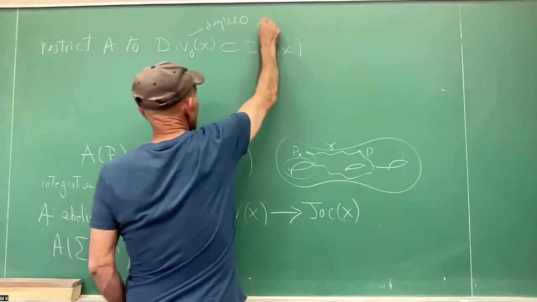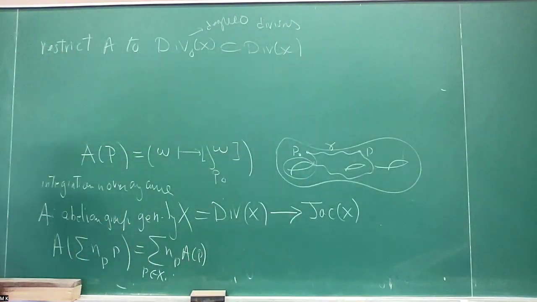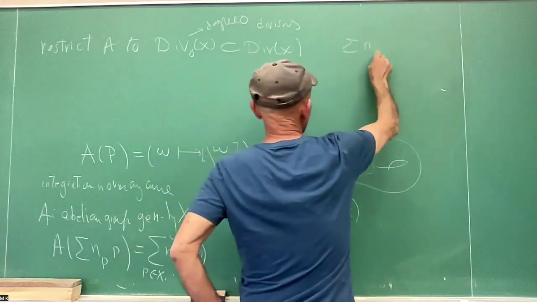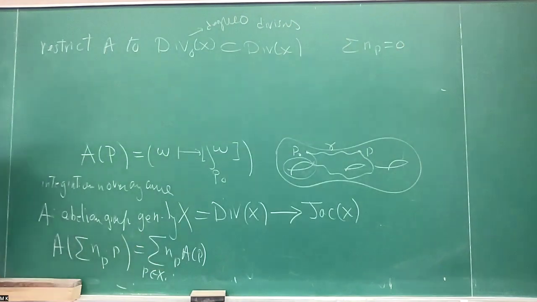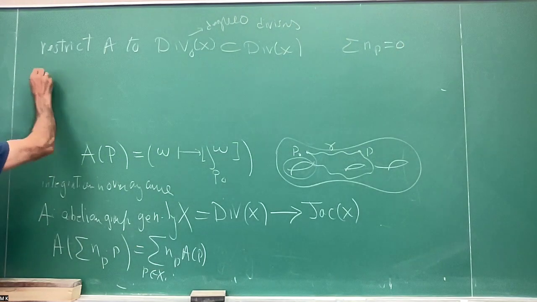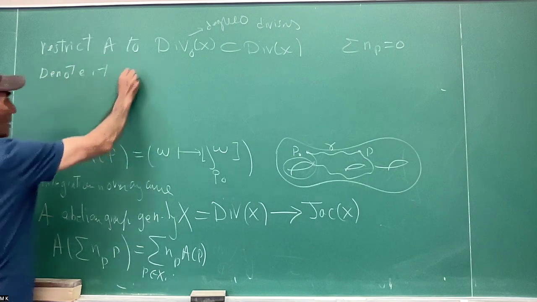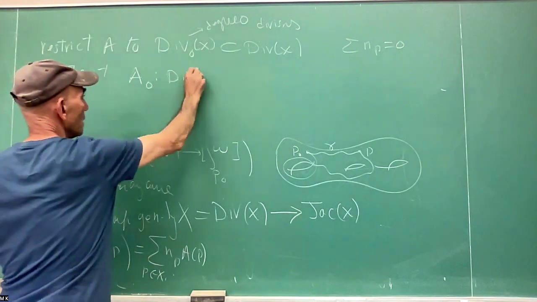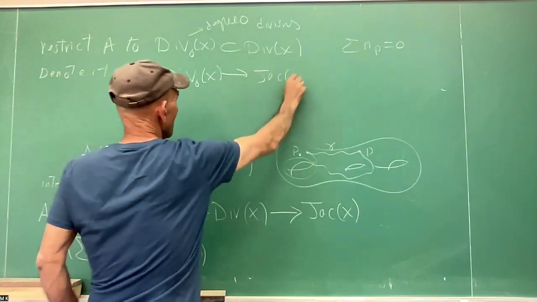These are divisors where the sum of the n_P is equal to 0. Let's call this A0, from degree 0 divisors to the Jacobian of X.